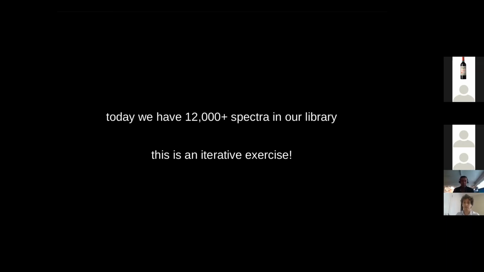So as I said, today we have a large number of spectra in our library, but that's an iterative exercise. And what we try to do is to keep scanning soils that are going through our wet chemistry lab and increase the representativity of our library. What we've developed as well is in situ spectroscopy.